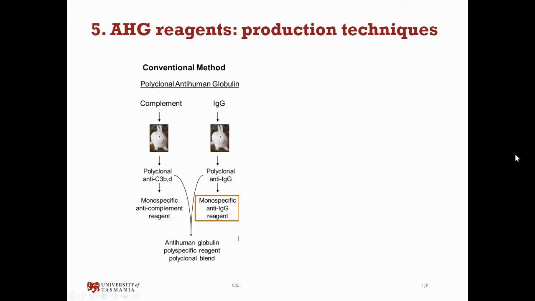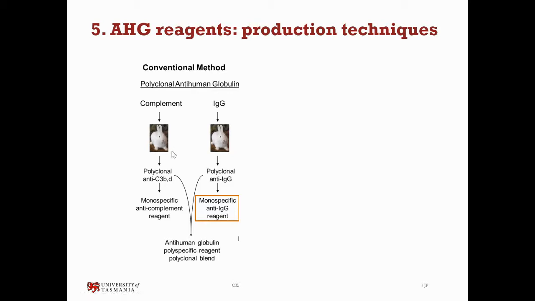And so if we do this first, so this is our polyclonal anti-human globulin. So as I said, we usually have two groups of rabbits, one that we inject with IgG, one that we inject with complement.